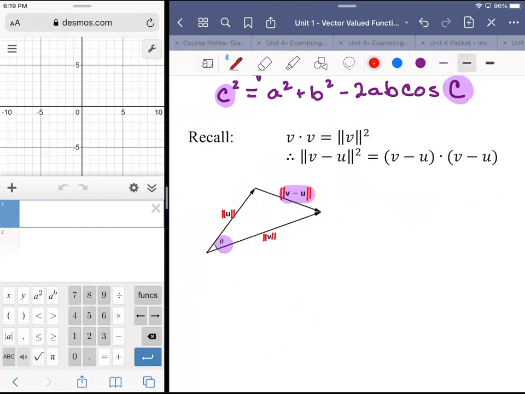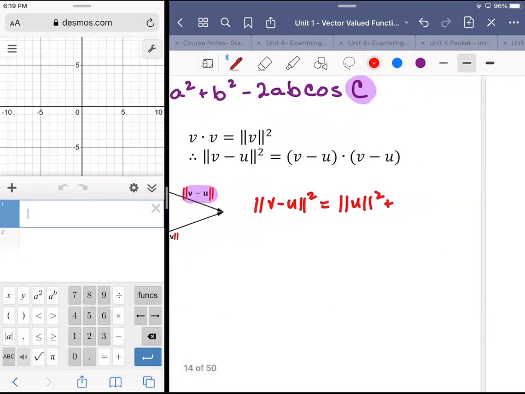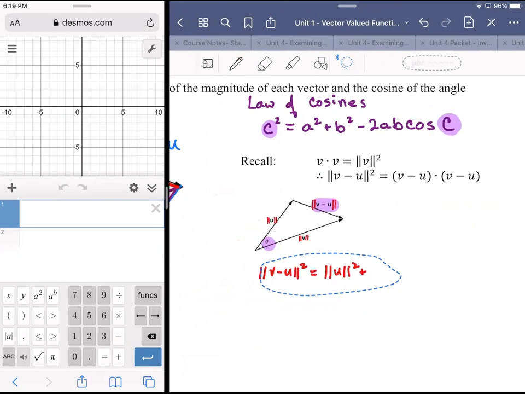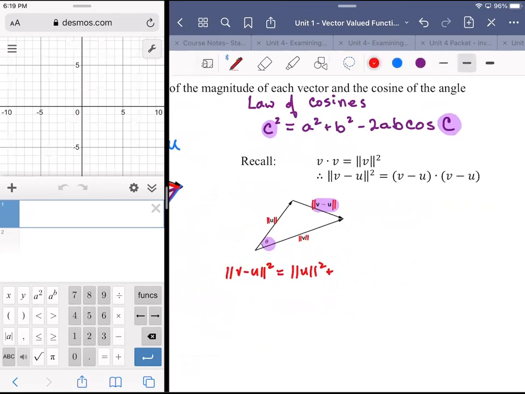So now I can say that the magnitude of v minus u squared is equal to the magnitude of u squared plus the magnitude of v squared minus 2 u v cosine of theta.